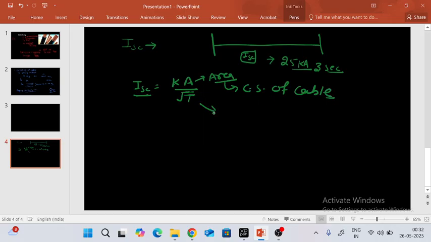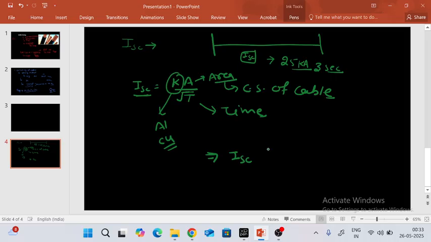And T is the time for which you have to sustain the short circuit. The value of K is different for the aluminium conductor and the copper conductor. This is a very precious formula you have to keep in your mind.